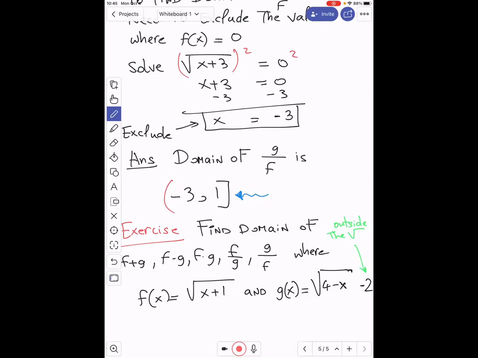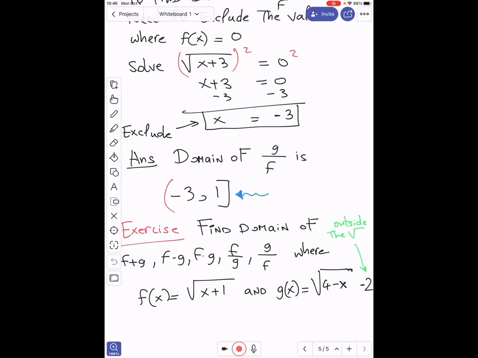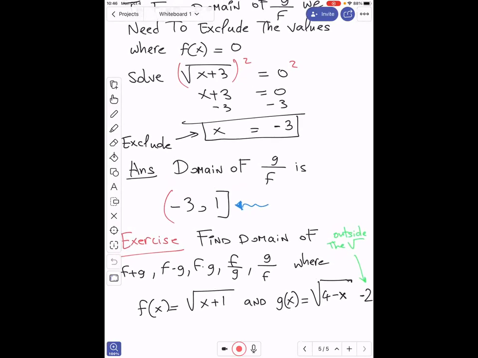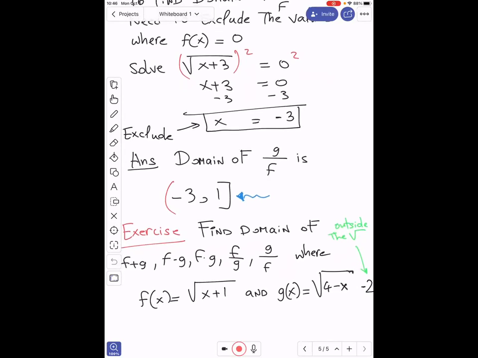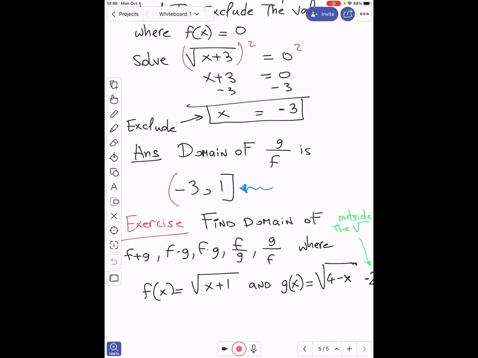How did you get negative 1, 4? Just follow the steps from the previous example: find the domain of f, then the domain of g, and then take the intersection of the domains. That's the common domain.